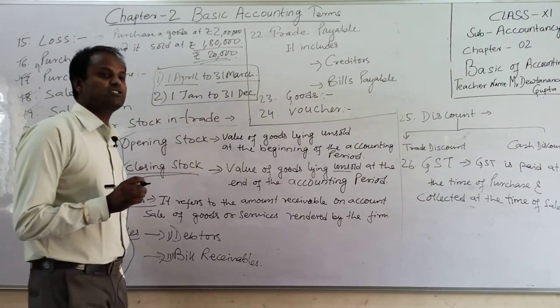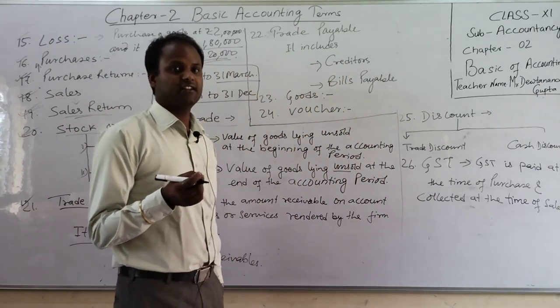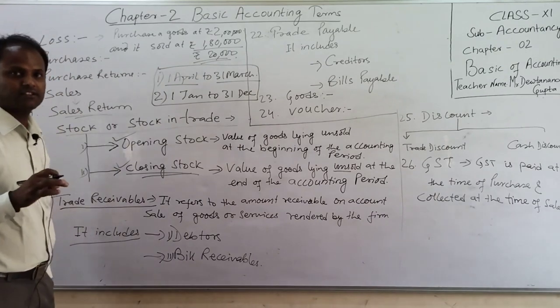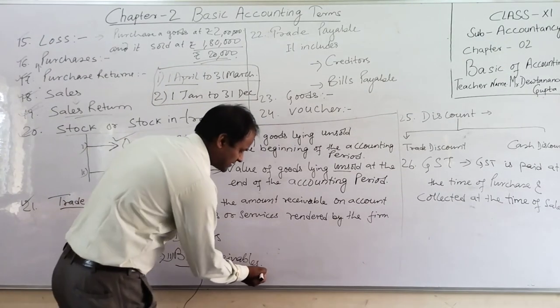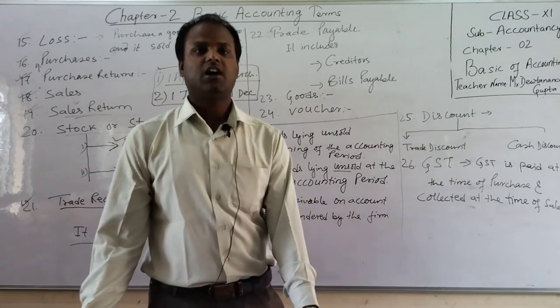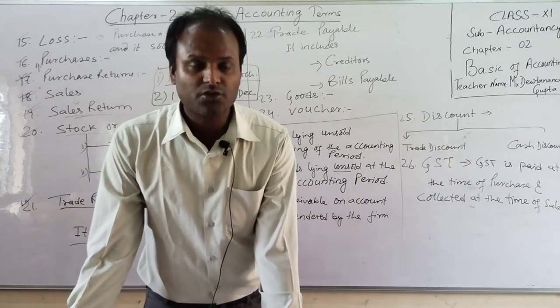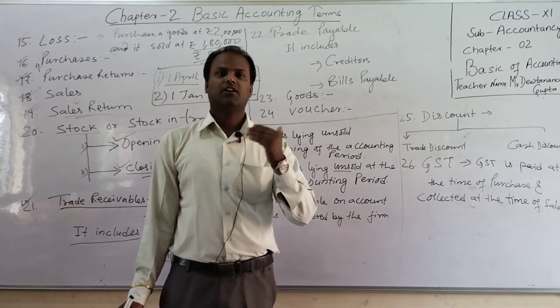Debtors means the customer who has bought the goods from us on credit. That customer is termed as debtors. Next one is bills receivable. In bills of exchange, the person who draws the bill is known as the drawer of the bill after the acceptance of the drawing.